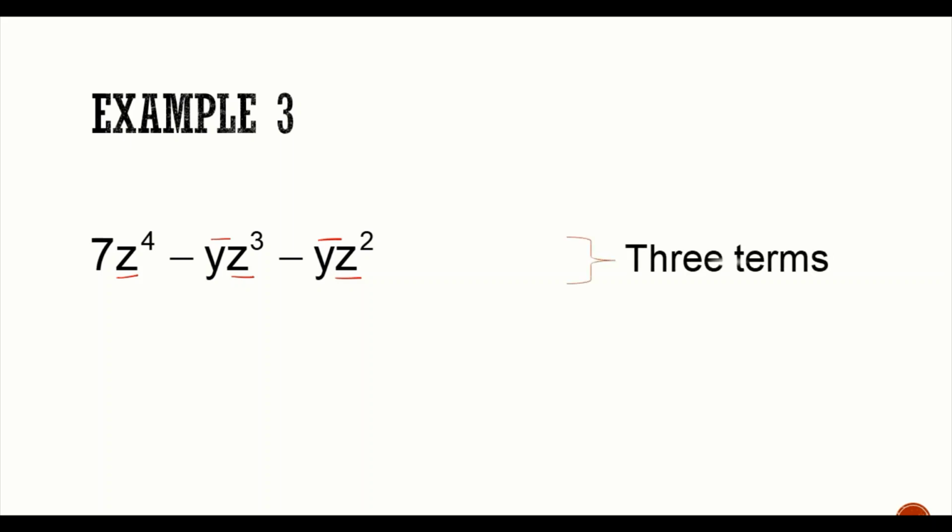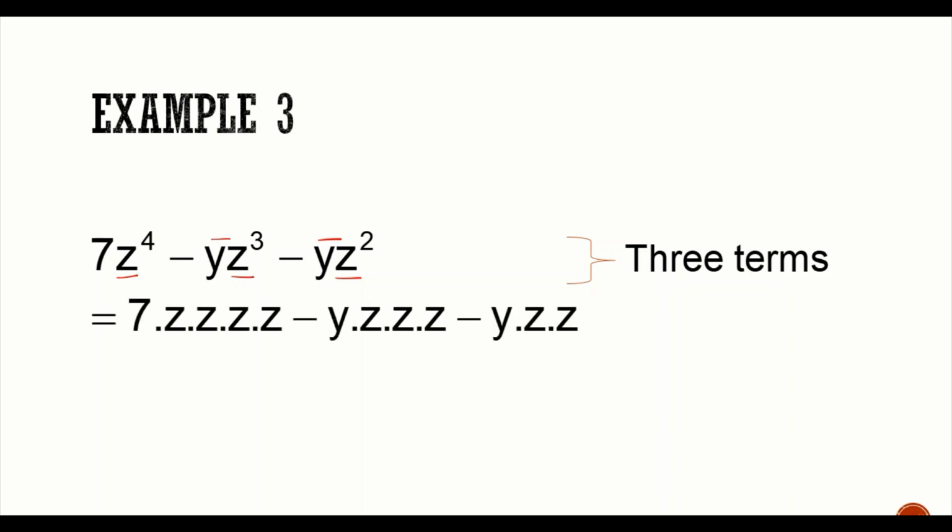So if you continue with this, you can expand. This step is not necessary but is here just for explanation purposes. So z to the power 4 means you are multiplying z by itself 4 times. And z to the power 3 means you're multiplying by itself 3 times.